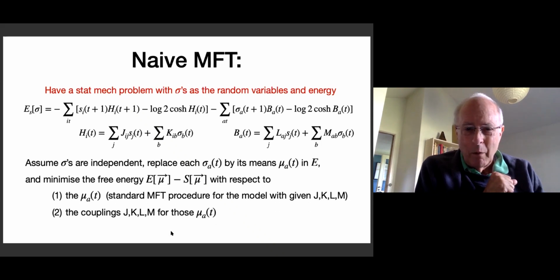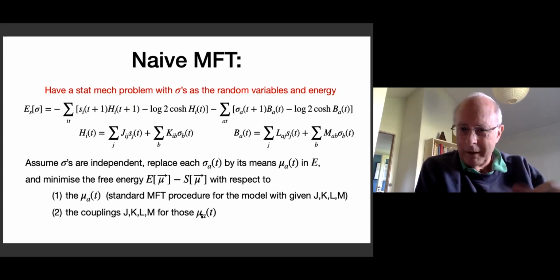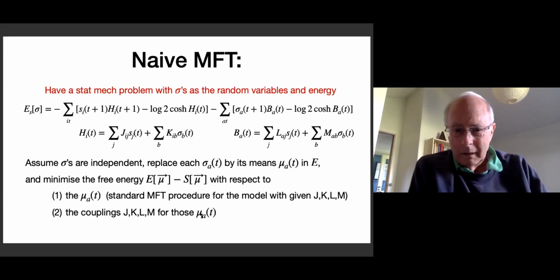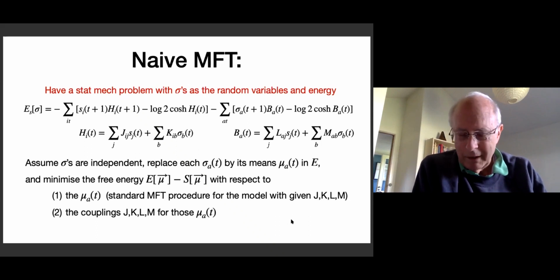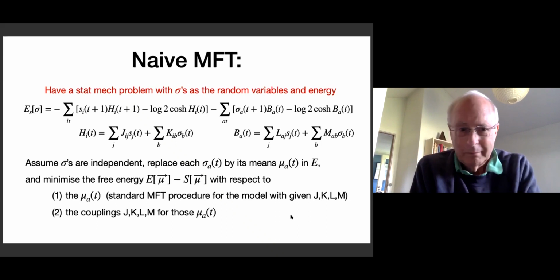And for those mu's, once we've solved that statistical mechanical problem, we have to minimize the energy given those mu's. So we take turns doing one and then the other. There's a name for this in mathematical statistics, but I can't remember what it is.